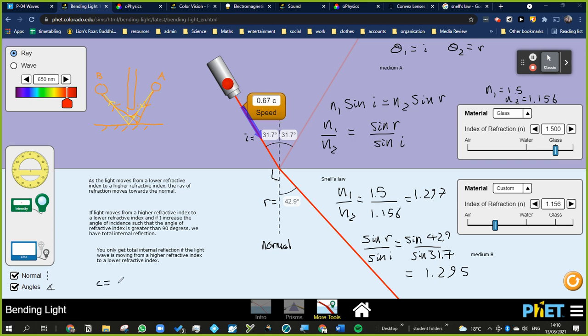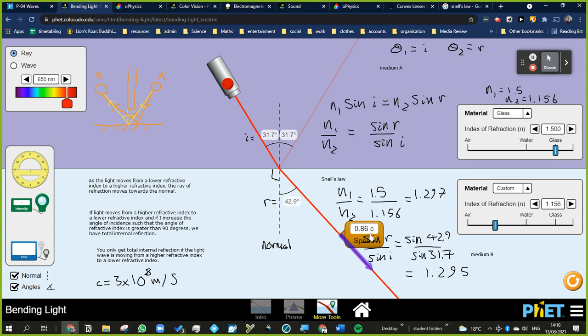We know that c, well, you may know, I happen to know that it's roughly 3 times 10 to the power of 8 meters per second. Well, when it goes through glass, it's going at about 2/3 of that speed. Whereas if I look at it in air, well, actually that's not air, that's a custom material.